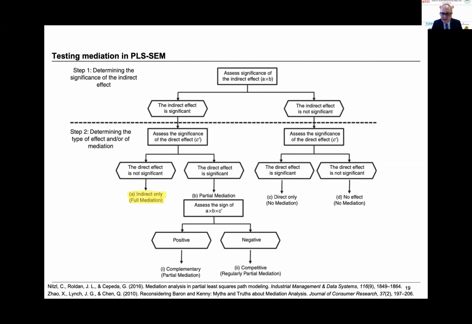First, because such a distinction is focused on p-values as opposed to the effect size. Second, that distinction is not related to the specific test of interest, that's to say, A times B for the mediation analysis, but it derives from the significance of C prime. Third, the sample size strongly influences the significance of the direct effect C prime. And finally, the use of the terms partial or full mediation can impede research.